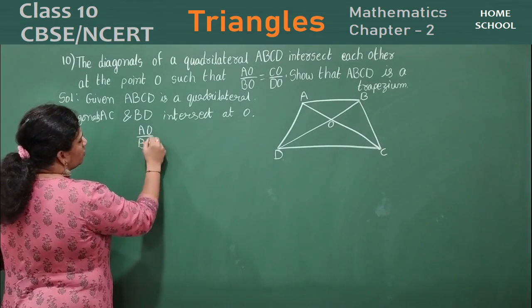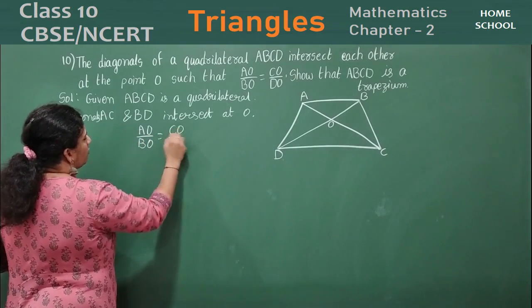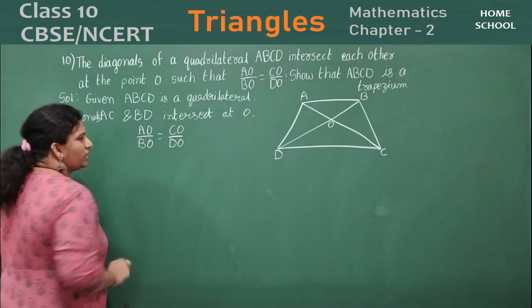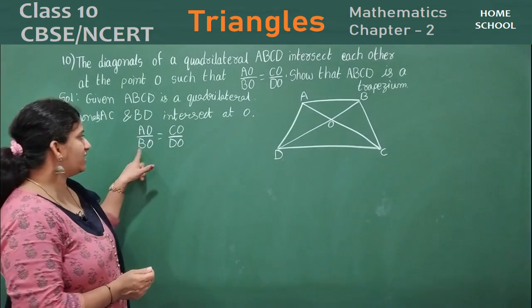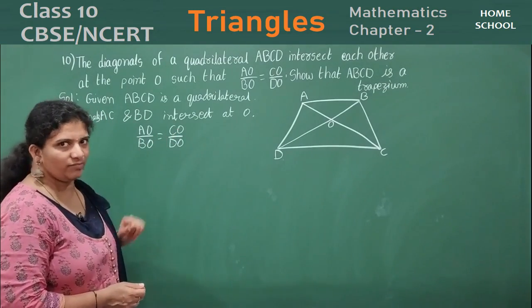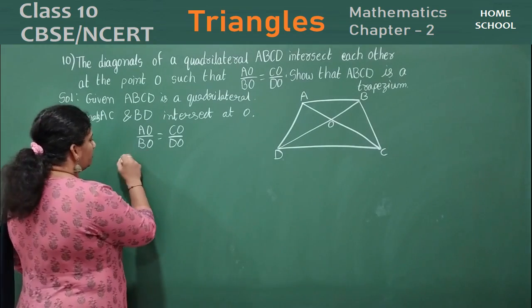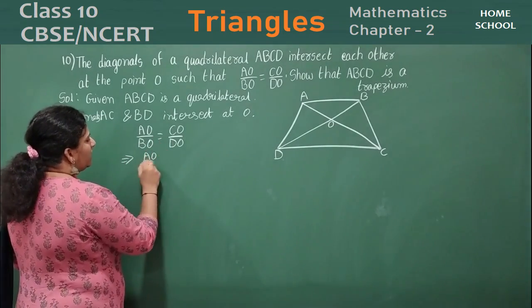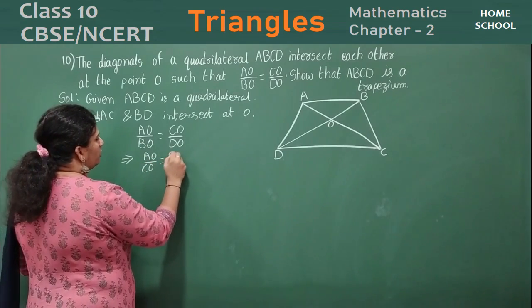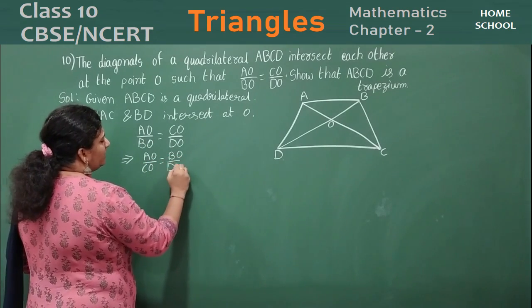AO by BO is equal to CO by DO. In your last problem, do you remember what we have done? We sent BO this side, CO this side. So now also we do that only. Let's interchange this one. AO by CO is equal to BO by DO.